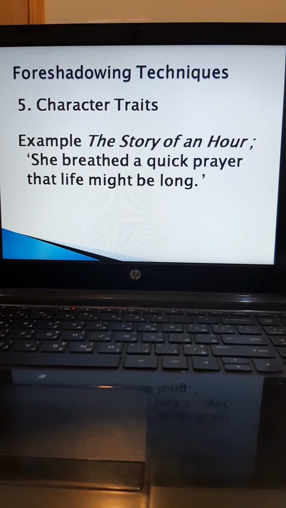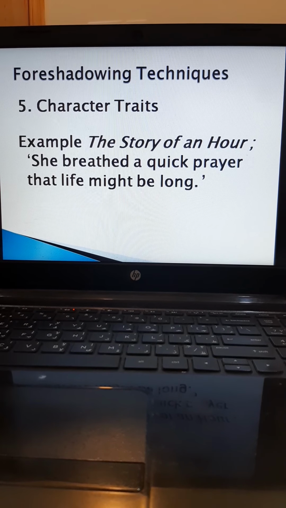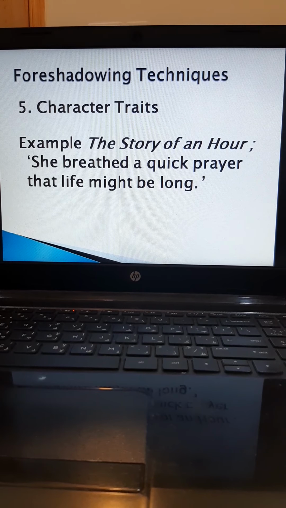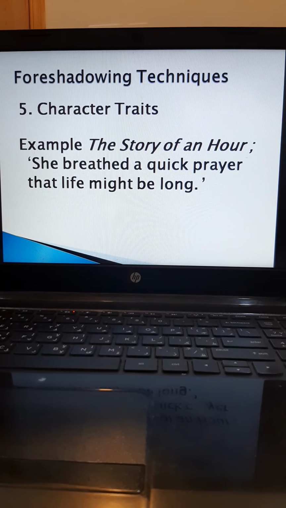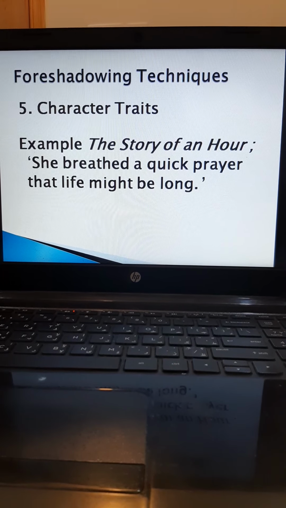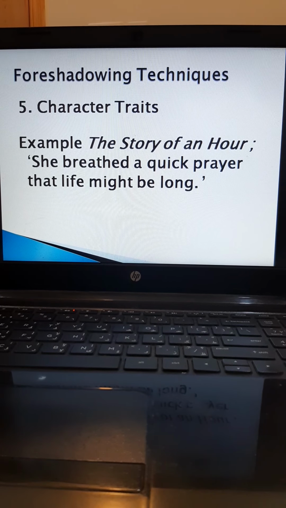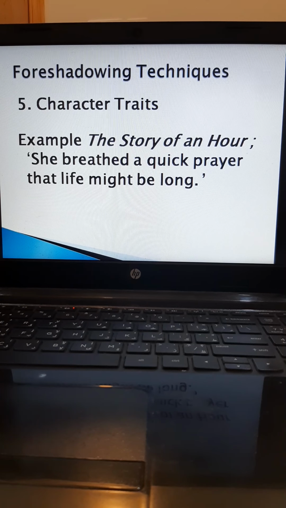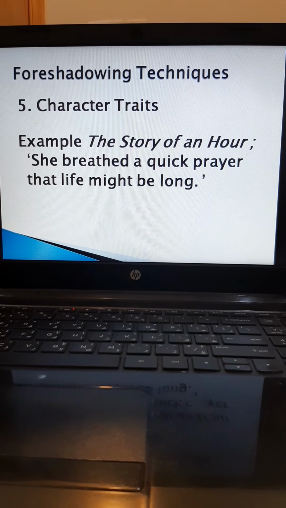And finally, character traits. A character's appearance, attire, or mannerism can foreshadow that character's true essence or later actions. For example, The Story of an Hour, it's easily available on the internet. Louise Mallard, the wife of Brentley Mallard, has a heart disease.